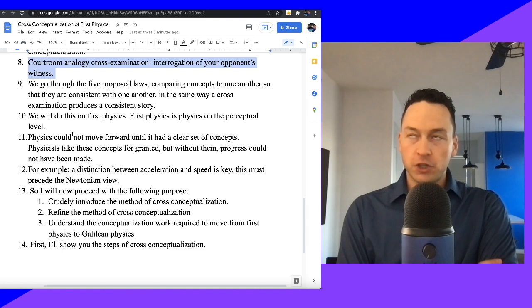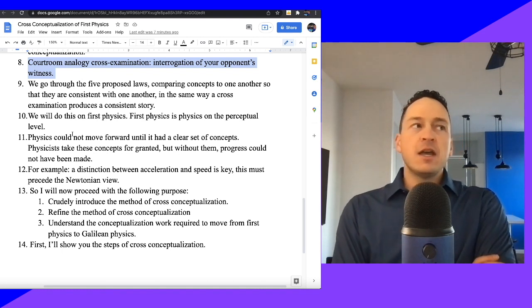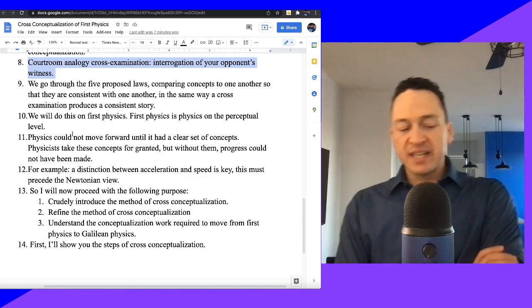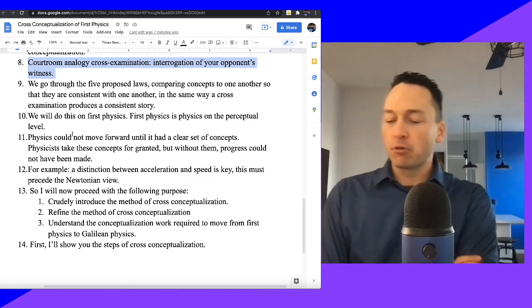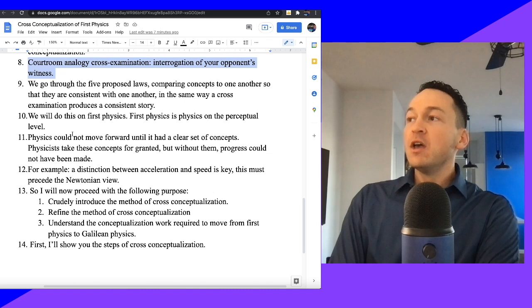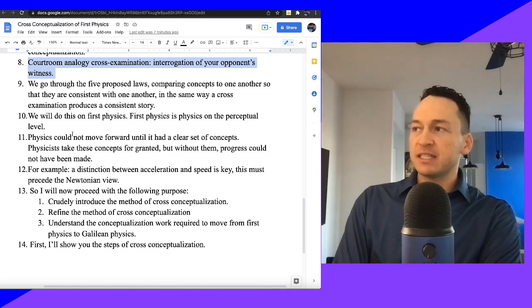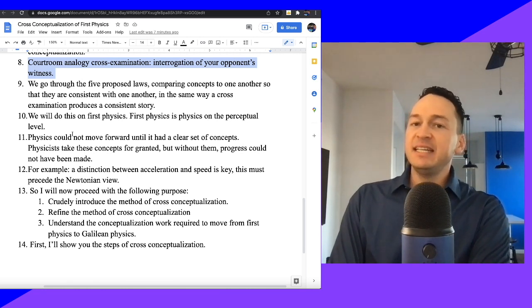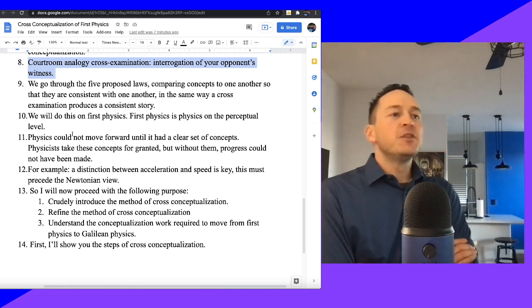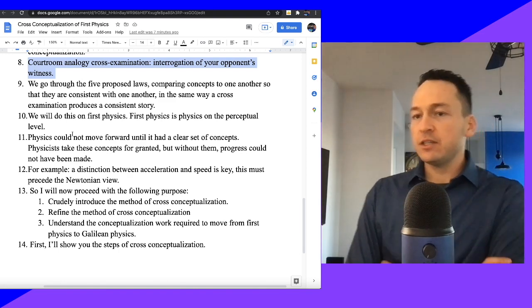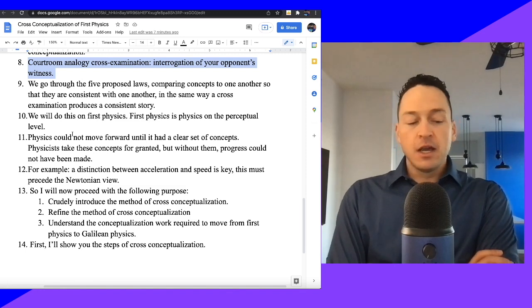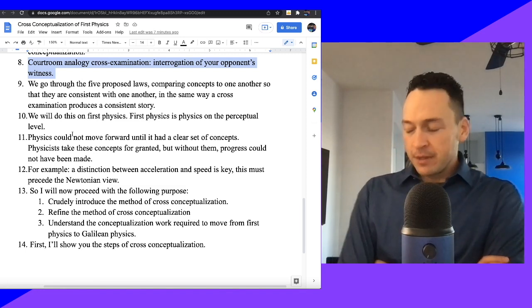Cross-examination refers to when one lawyer, let's say the prosecutor, starts to interrogate witnesses that are brought forth by the other side. So the prosecutor, during a cross-examination, will start interrogating witnesses that were brought forward by the defense. The idea of this practice is that the defense has already brought in a witness who presumably is going to give evidence that the accused didn't do it.